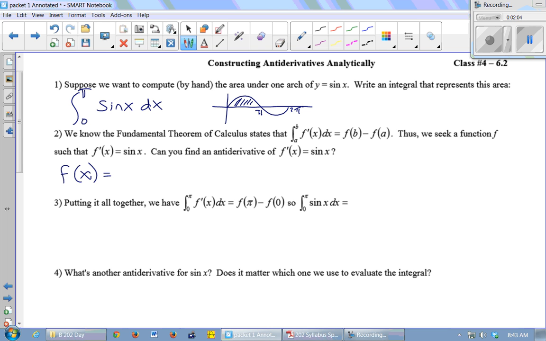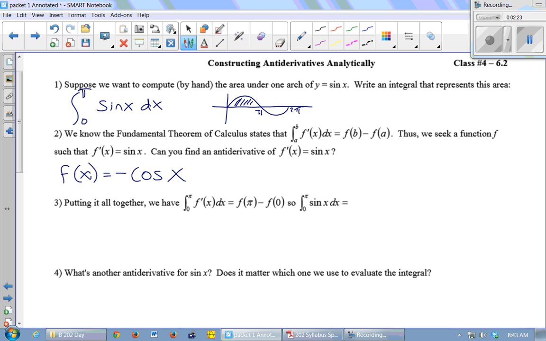Yeah, the derivative of cosine is negative sine, but I want my derivative to come out positive, so I'm going to use negative cosine as my function f. That's a function whose derivative is sine of x.